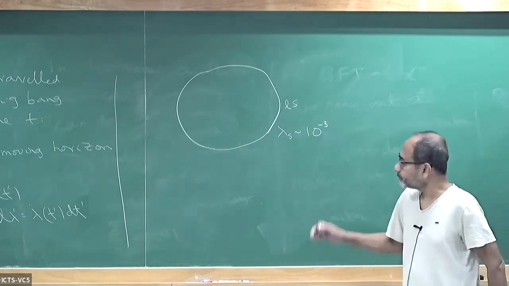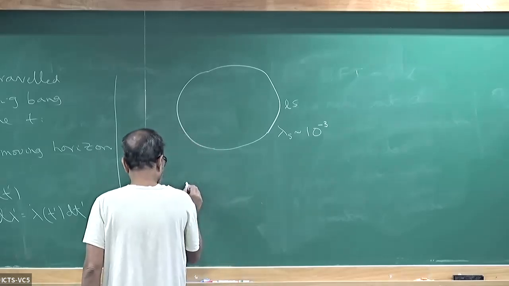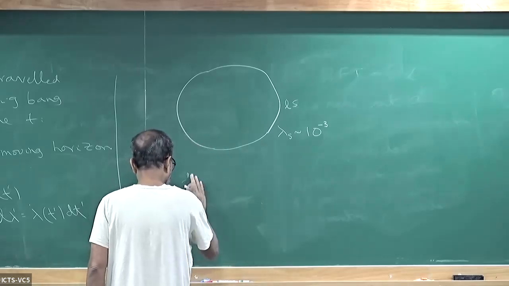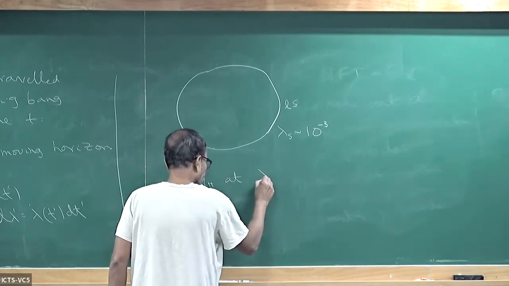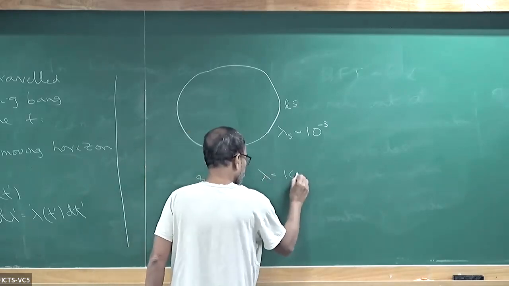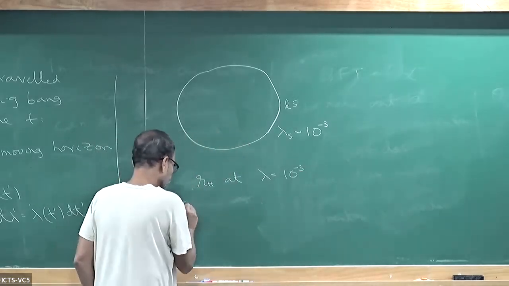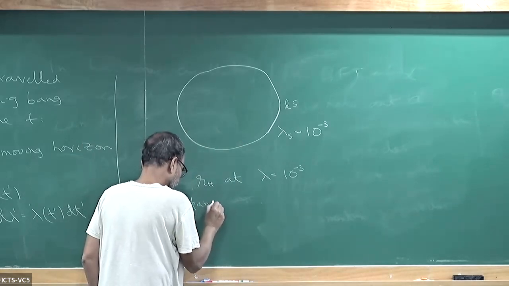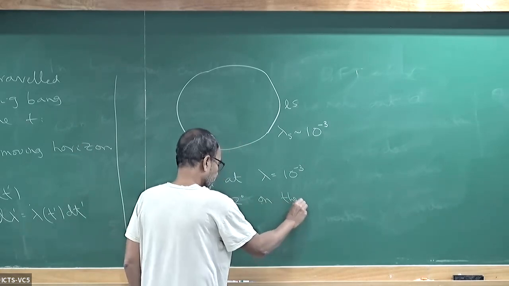Okay. So at lambda equal to 10 to the minus 3, what we found? We found that RH at lambda equal to 10 to the minus 3 spans 2 degrees on the last scattering surface.